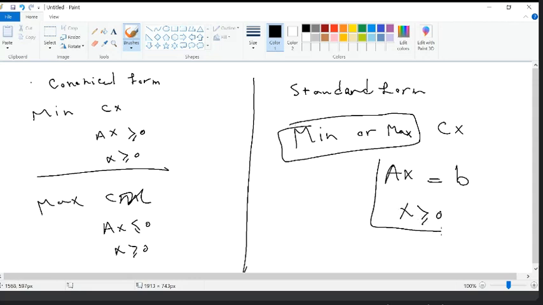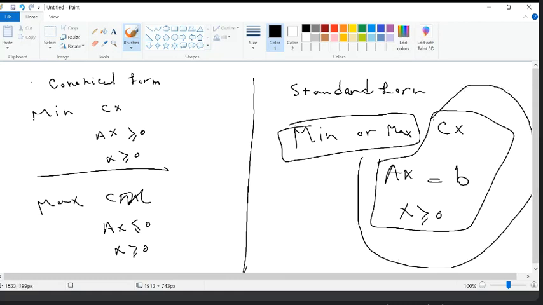This is a standard form. To use the simplex method, we must have a standard form. In this standard form, x must be greater than or equal to 0.